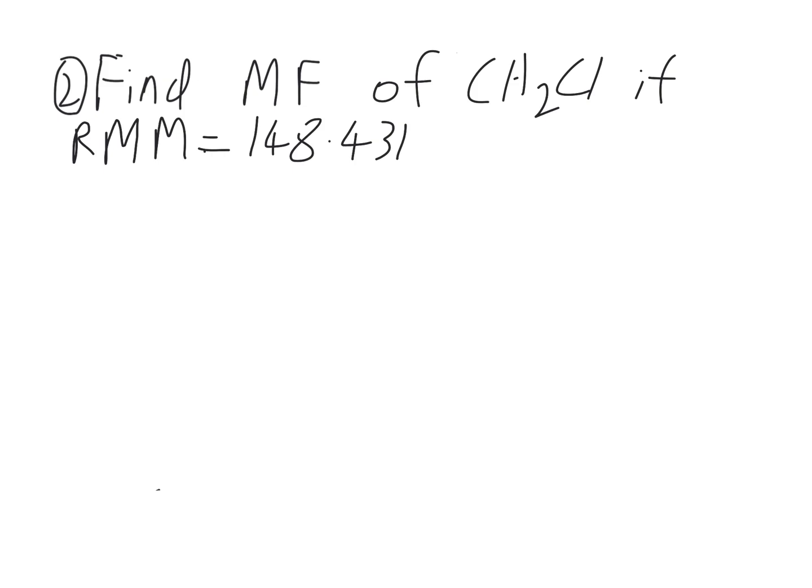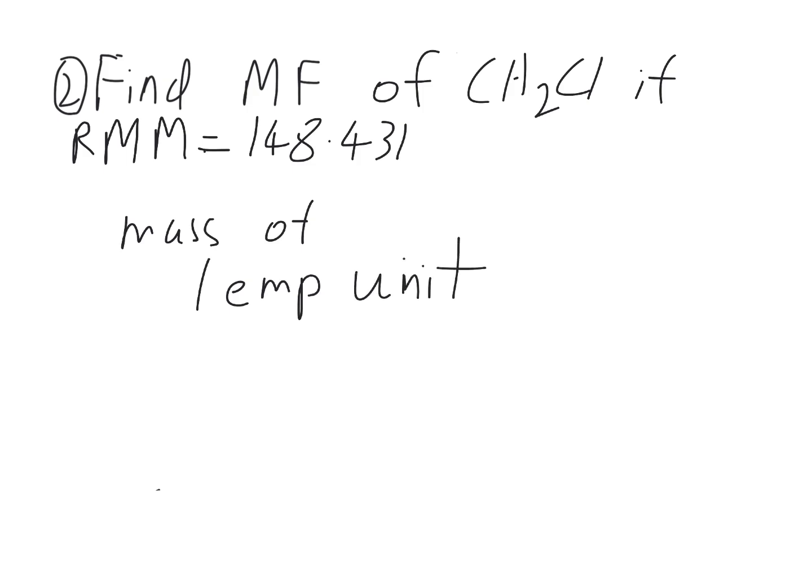So part 2 of a typical question of this would look like this. It would say find molecular formula of CH2Cl if its relative molecular mass or its molar mass is 148.431. The way you do this is you first find the mass of one empirical unit. In other words, you find the mass of the empirical formula.